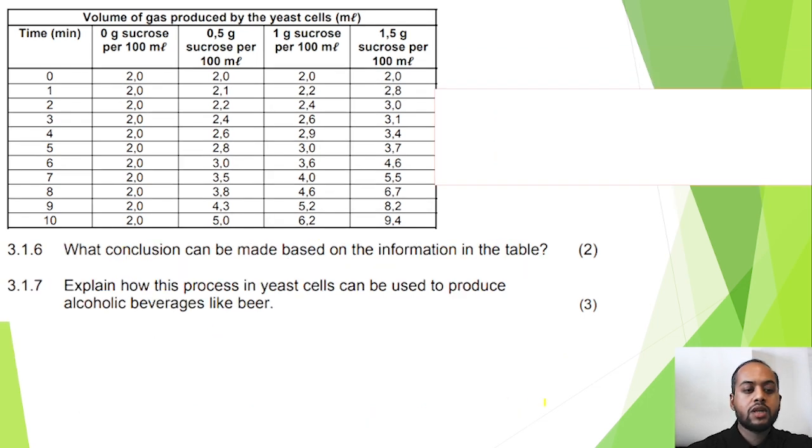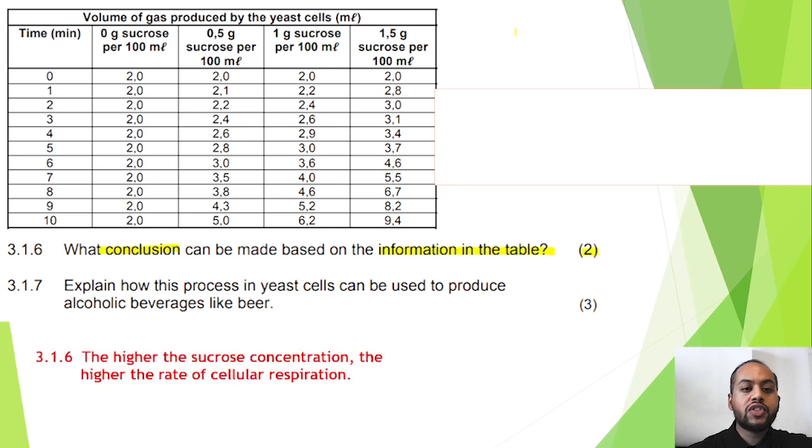Next question, 3.1.6 asks you what conclusion can be made based on the information in the table for 2 marks. So based on this information in the table, what conclusion can you make? As you can see, you are increasing your sucrose concentration. And when you increase your sucrose concentration, what else is increasing? The volume of gas produced by yeast cells.